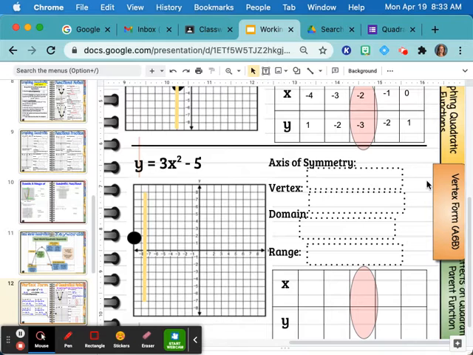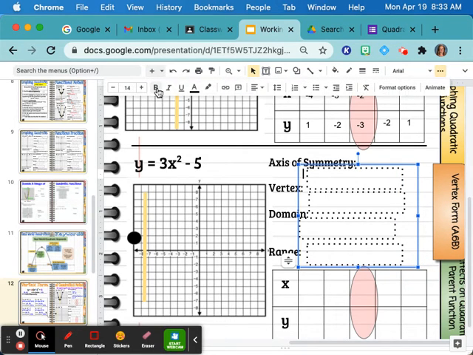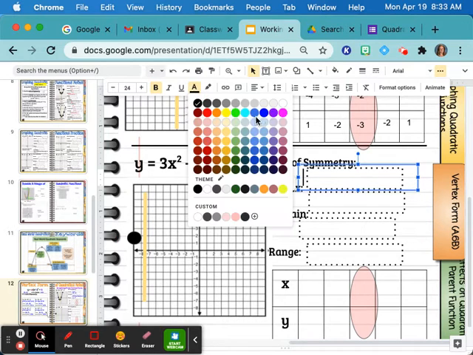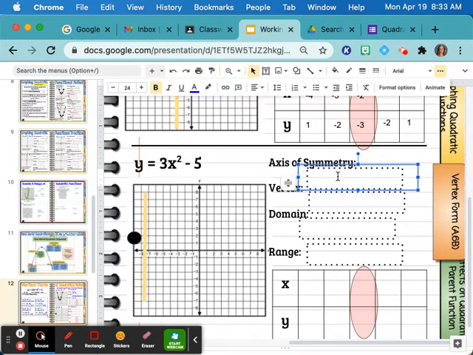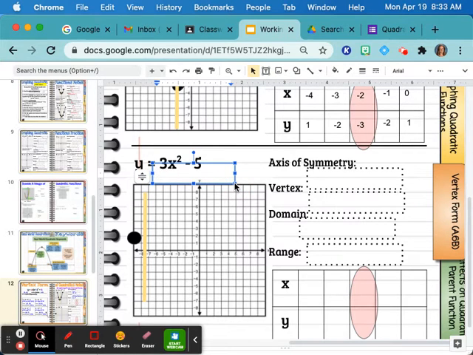We need to find our axis of symmetry. I usually like to do the vertex first. But it's our H, K. But on this one, how would this be written?